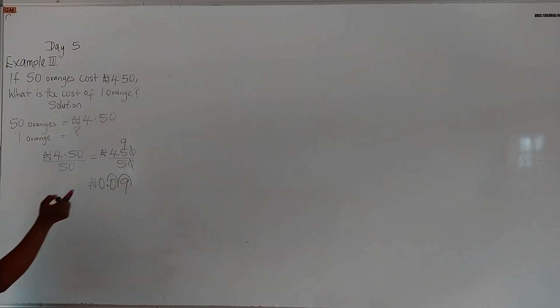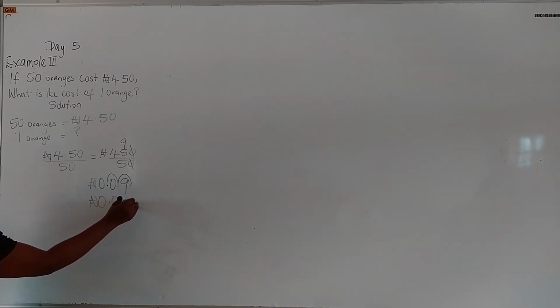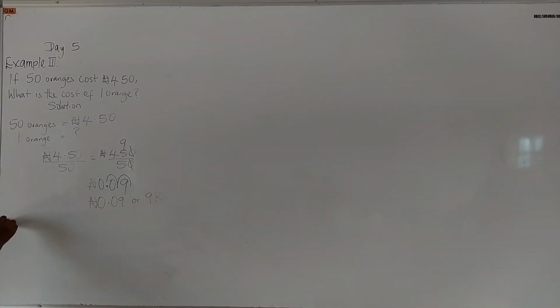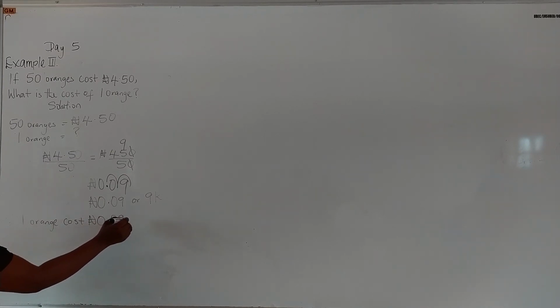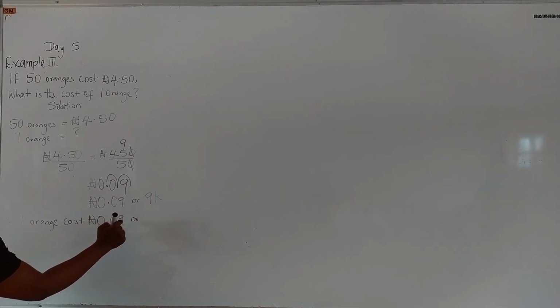So it will now be 0 naira 9 kobo, or just 9 kobo. Therefore, 1 orange costs 0.09 naira, 0 naira 9 kobo, or just 9 kobo.